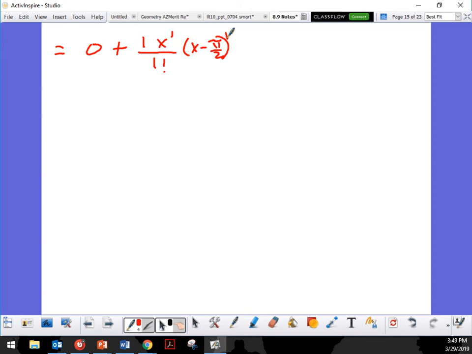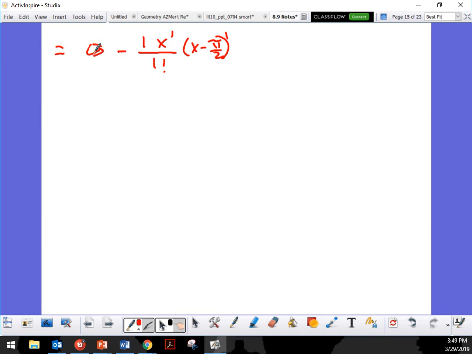Okay. Oh, should it be negative? Should it be negative? 0 minus. Yeah, 0 minus, because it's the negative 1 from f prime. Negative 1. Okay, sorry. 0 minus. Okay. So we got minus.